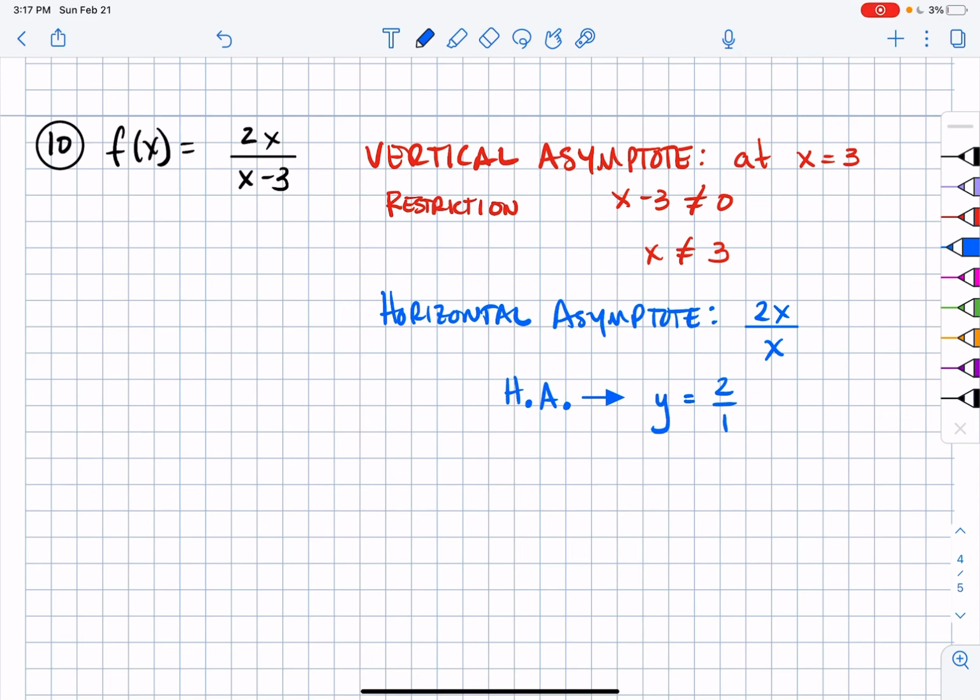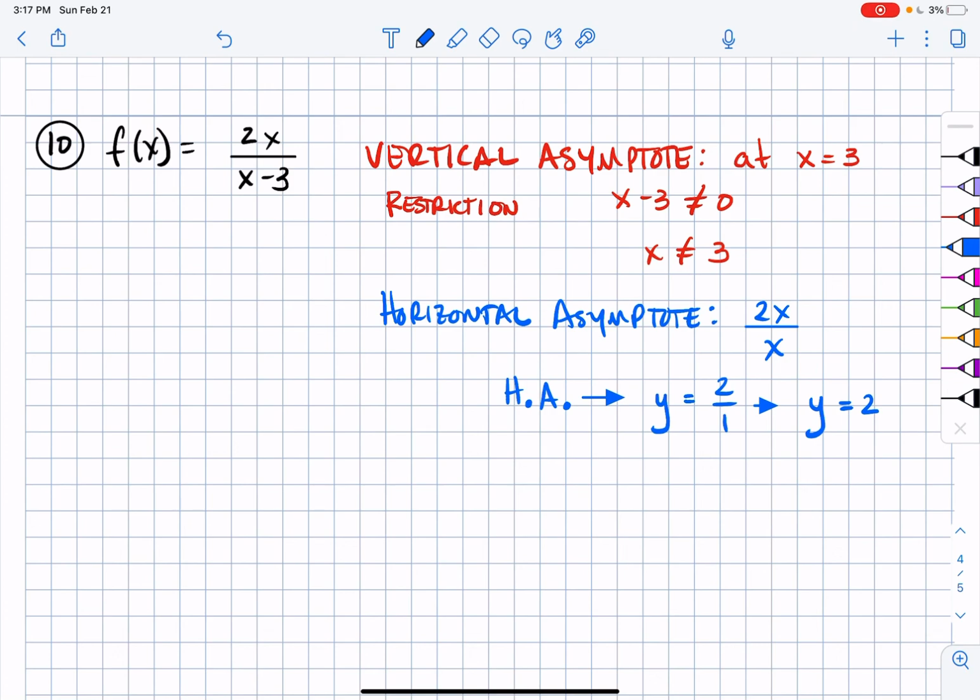So the ratio of its coefficients. Remember, this has a 1 in front, right? So therefore, it's y equals 2. Now I'm going to have a horizontal asymptote at y equals 2.